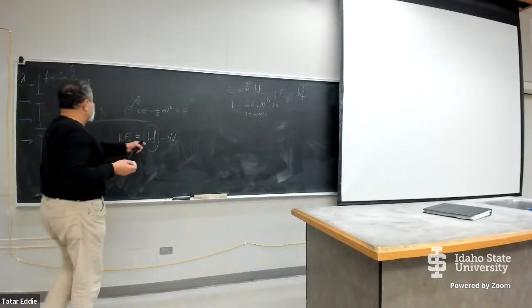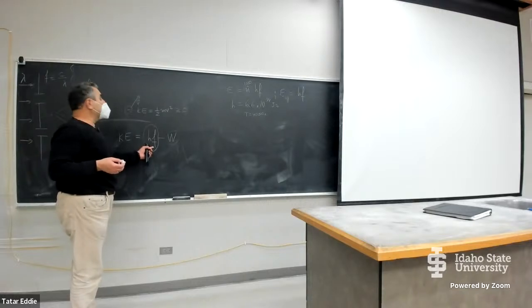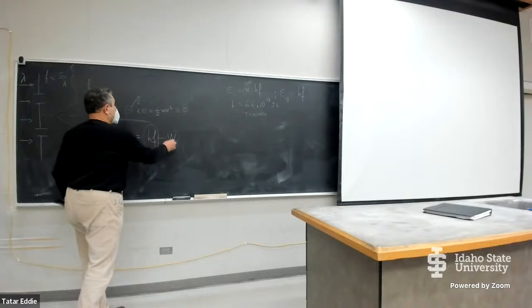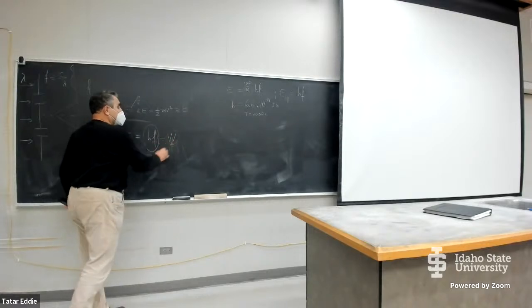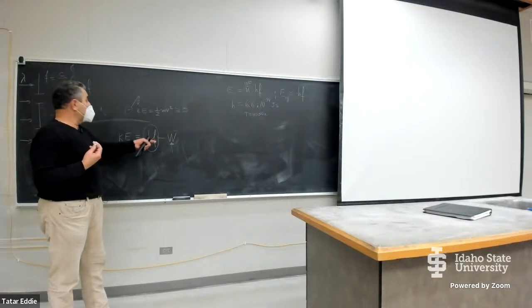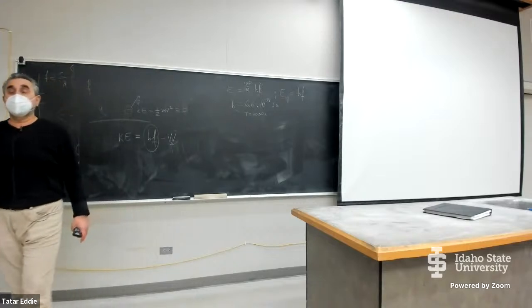In other words, a frequency below a certain frequency is not going to satisfy the need for work to extract the electron, and therefore you're not going to see electrons emitted from the surface.